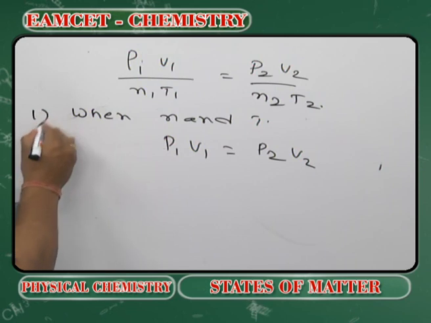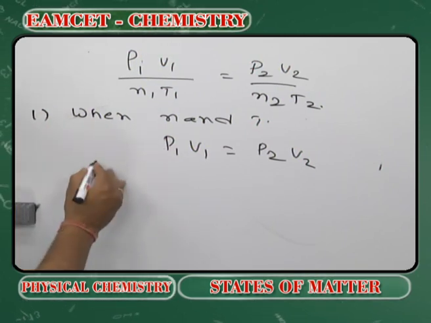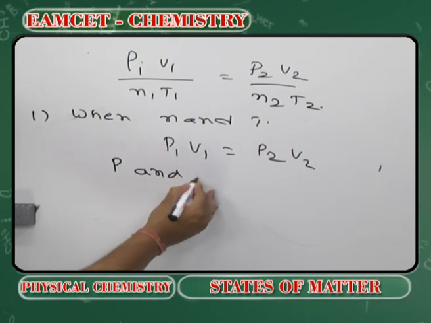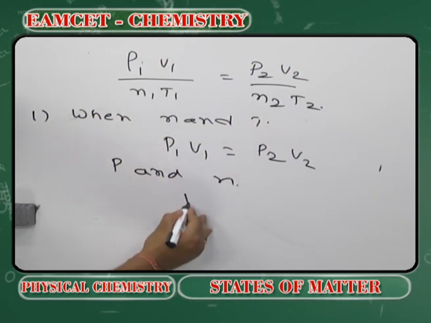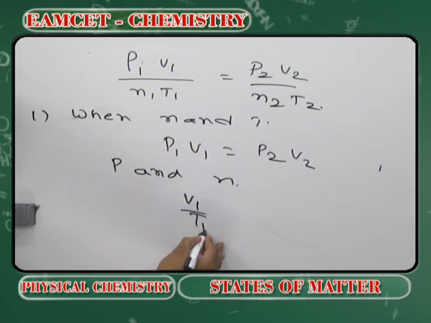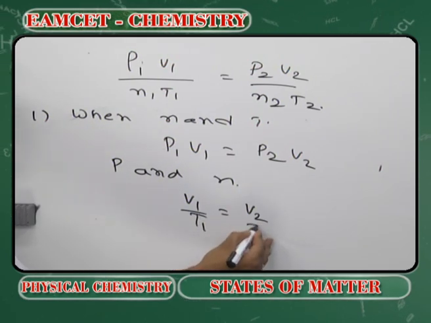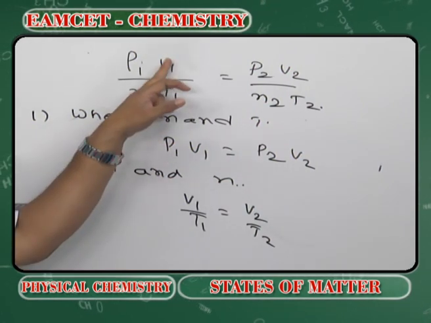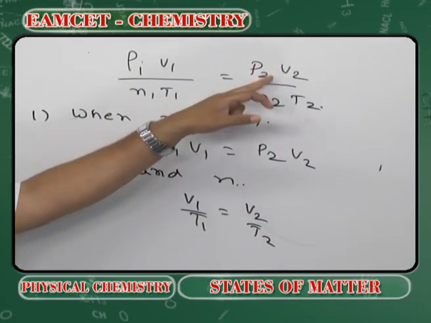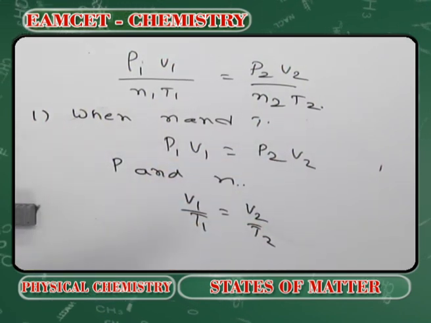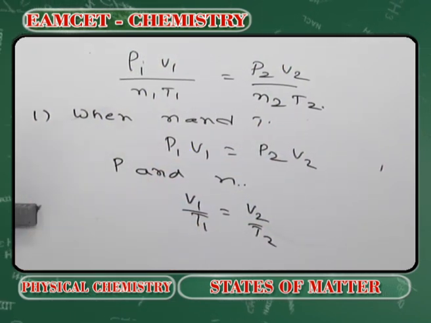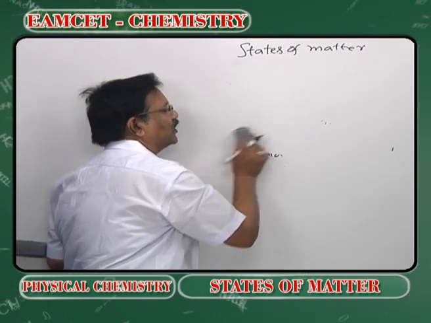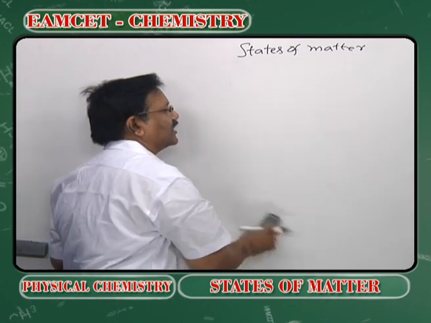When P and N are constants, what will be the relation? V1 by T1 is equal to V2 by T2, which is nothing but Charles' law.